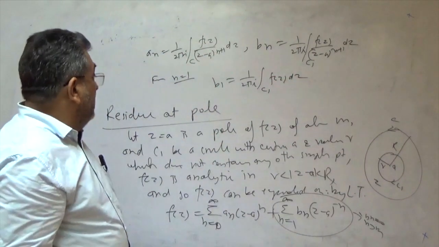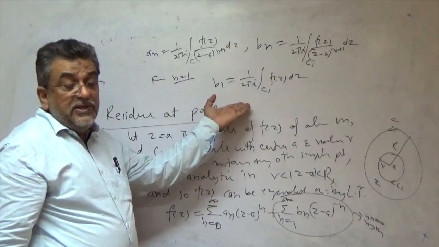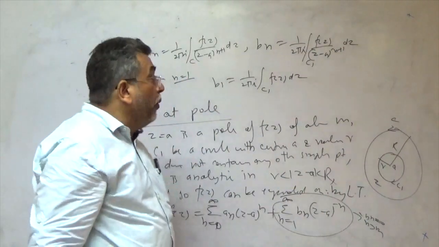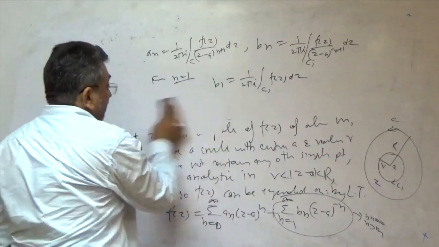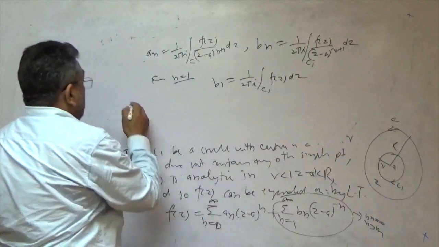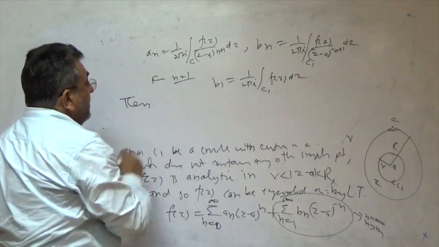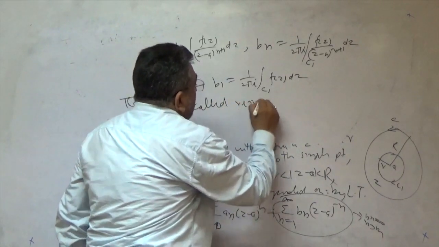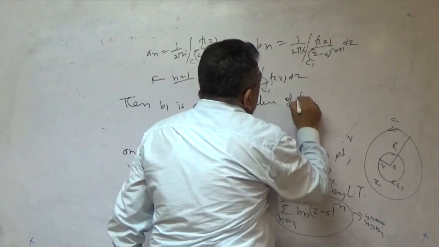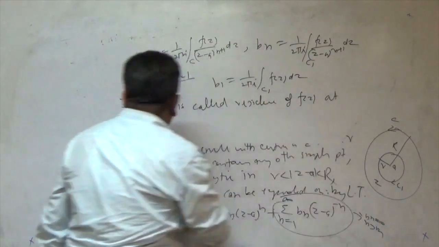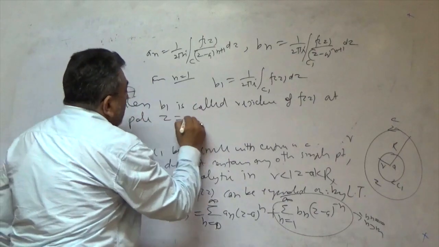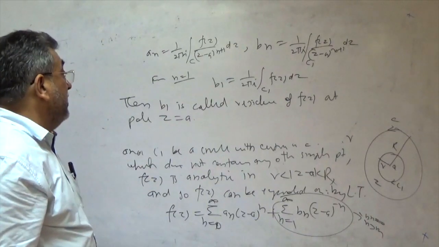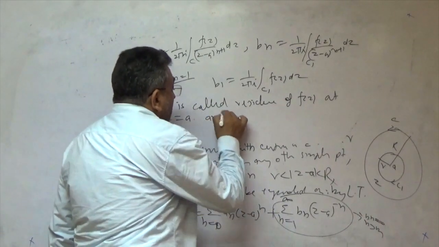Then the residue is defined on the basis of this. We say that this b_1 is called the residue of f(z) at the pole z equal to a, and is denoted by Res at z equal to a.